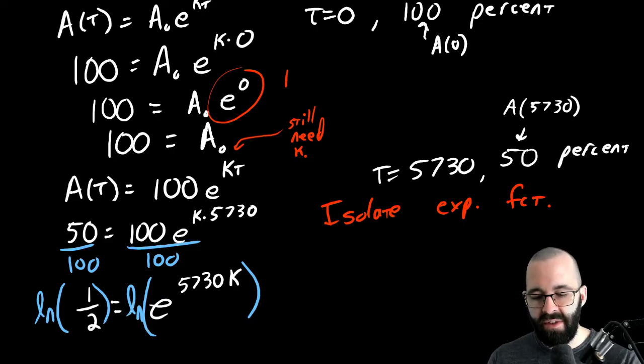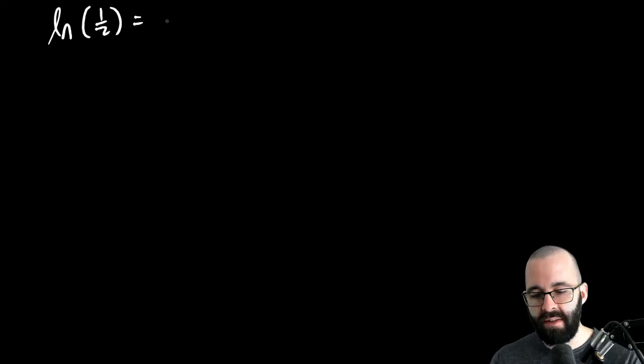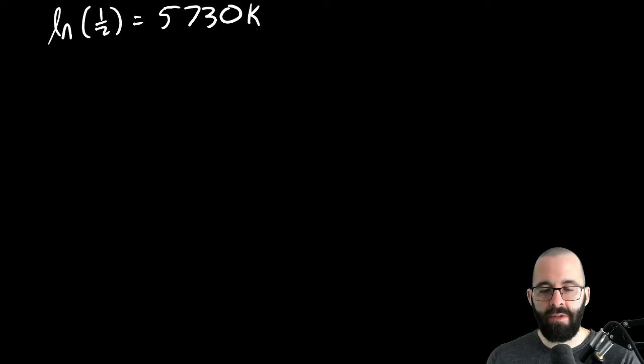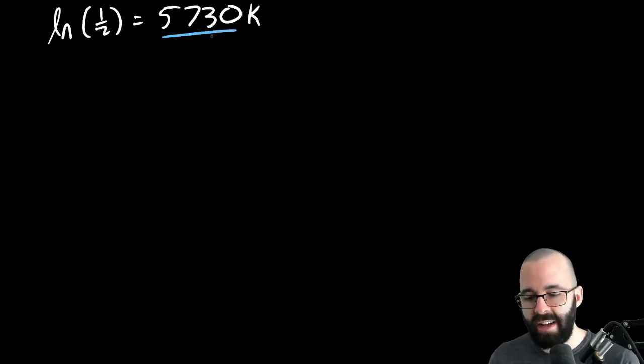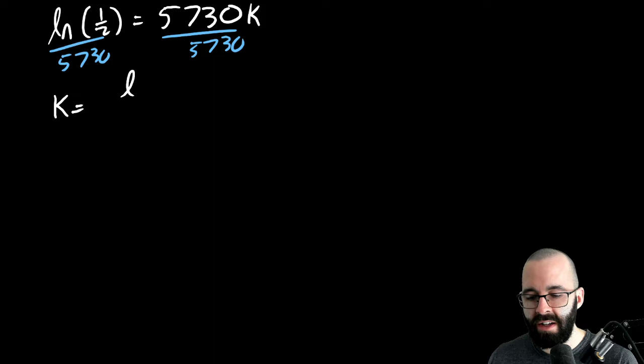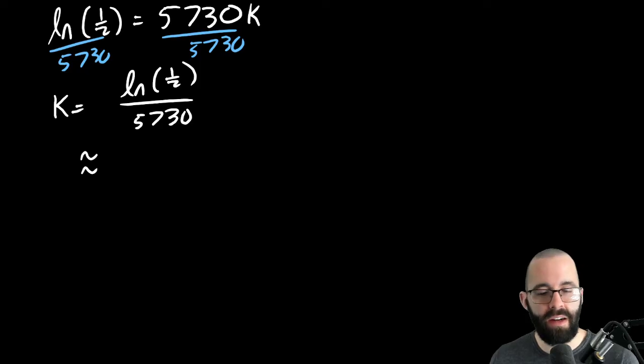We're just left with 5730k. Properties of logarithms coming back. Now all that's left is dividing by 5730, and that finds us our value of k. K is just the natural log of 1/2 over 5730, and we can approximate that with a calculator.